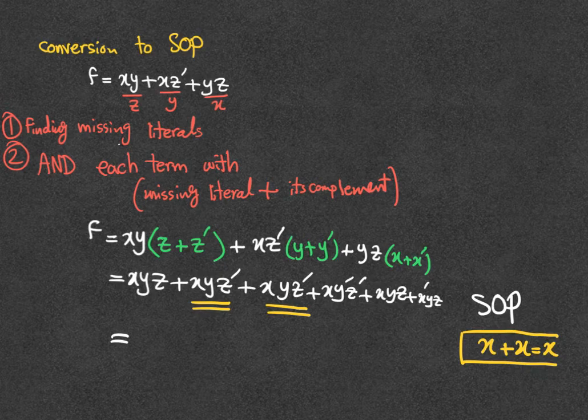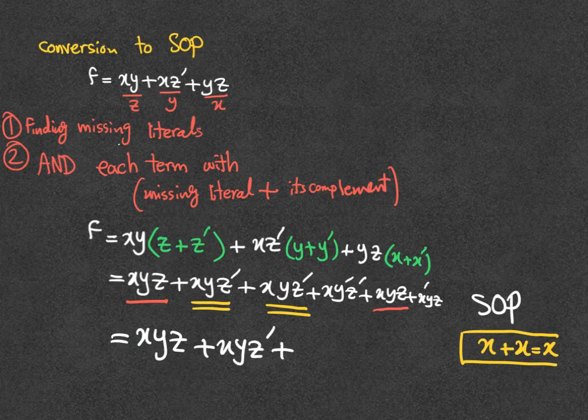And then this is the same. So you write down just one XYZ term, XYZ prime, XY prime Z prime, plus X prime YZ, and this is going to be your SOP.